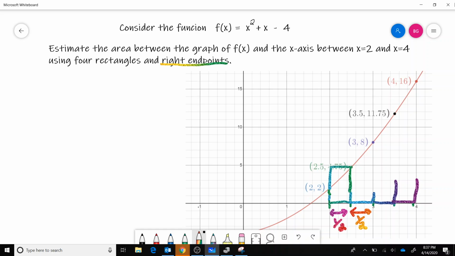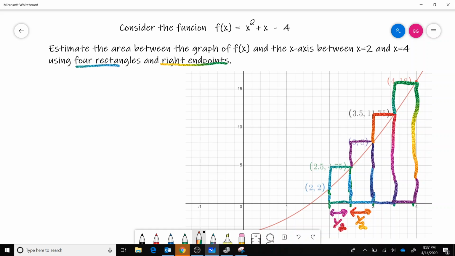For the next box here, here's the left side, here's the right side. The right side comes all the way up to here. This guy is going to have a height like that. This rectangle over here is going to have a height like this. And this rectangle is going to have a height like that.